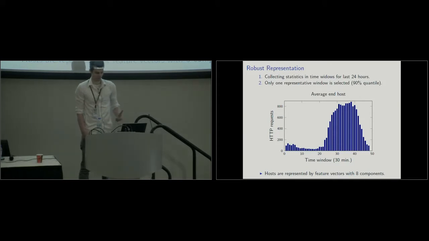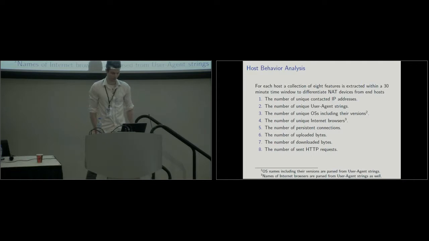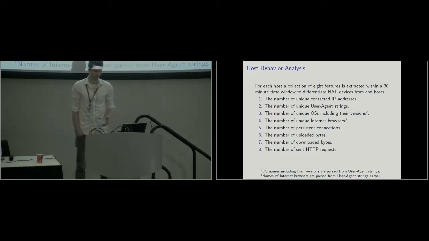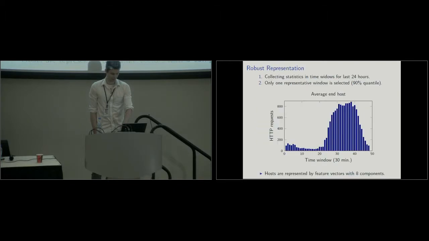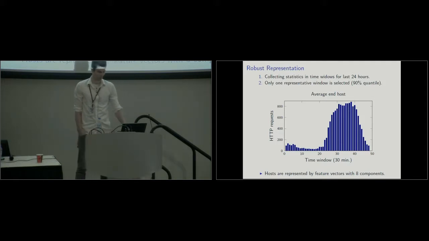For example, the user can change its operating system, upgrade its internet browser, or download a huge file. So therefore, we select only the 90% quantile. And we do this for each feature. So at the end of this process, all hosts in the data will be represented by feature vectors with 8 components.